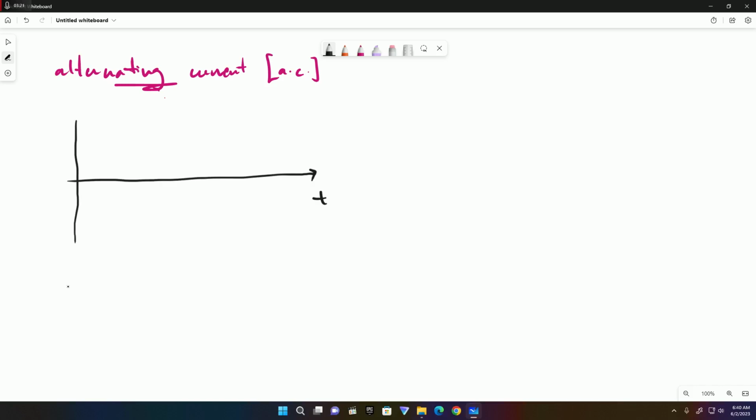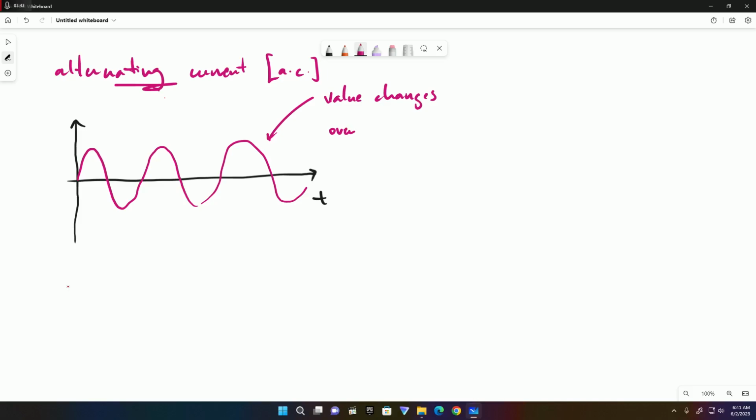Alternates, changes, varies. It is your typical sine wave. I'm sorry for not being able to draw a perfectly smooth wave. So AC, its value changes over time.